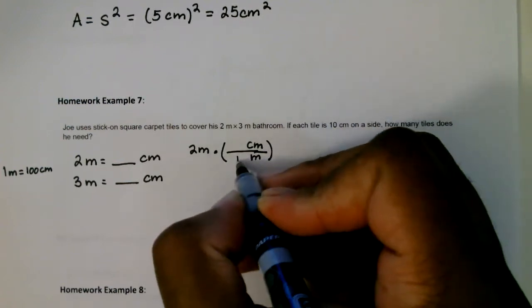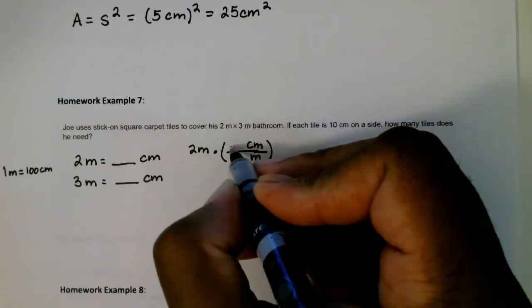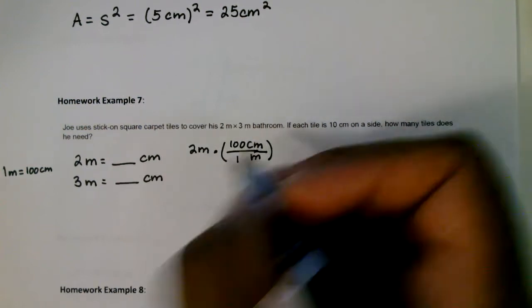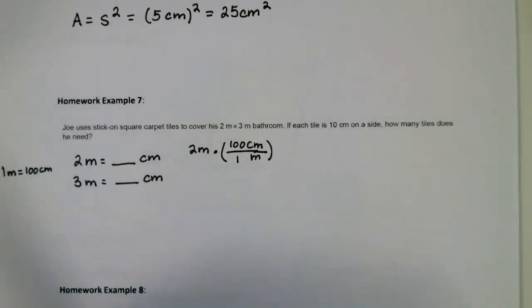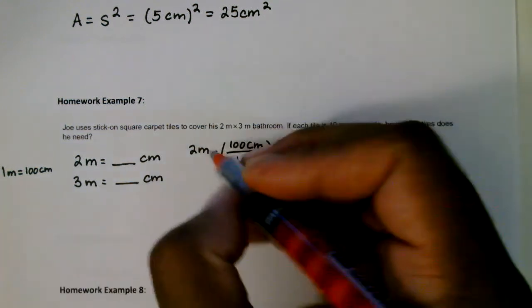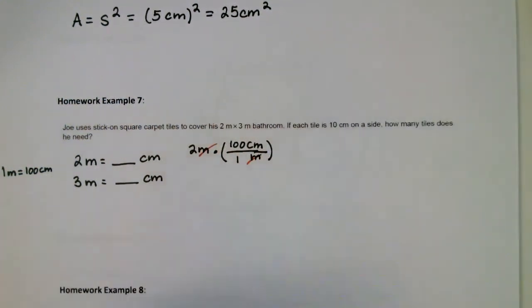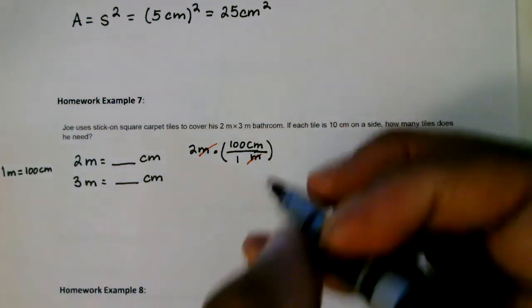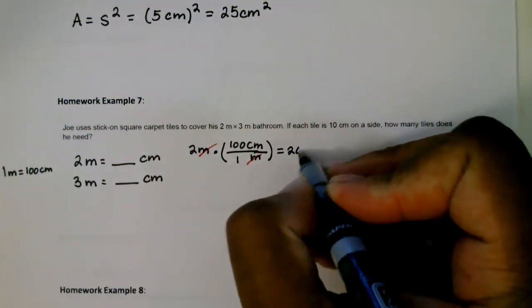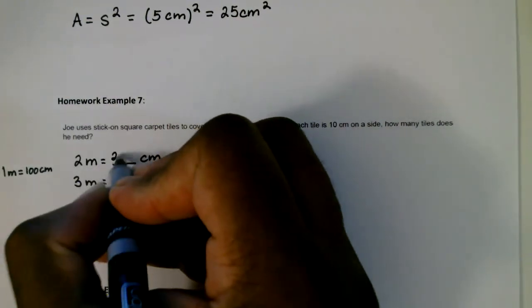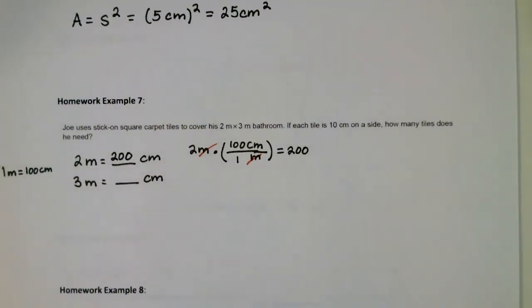And 1 meter, the one on the bottom, is equal to 100 centimeters. That 100 needs to be on top with the appropriate unit. So the meters divide out. 2 times 100 centimeters would be 200 centimeters. So 2 meters is 200 centimeters.